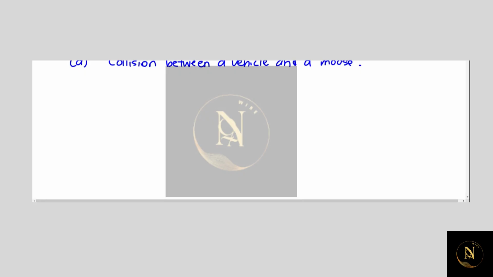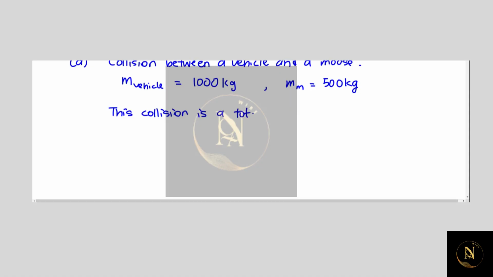The mass of the vehicle is equal to 1000 kg, and the mass of the moose is equal to 500 kg. This collision is a totally inelastic collision.